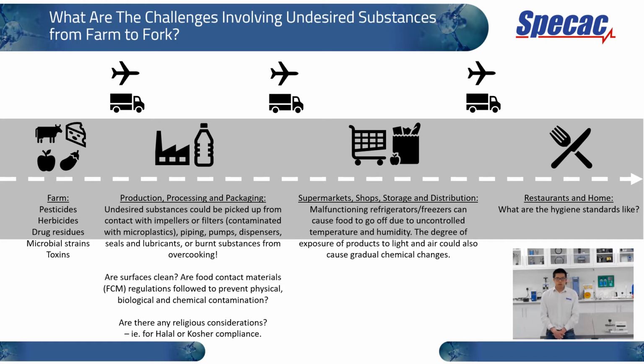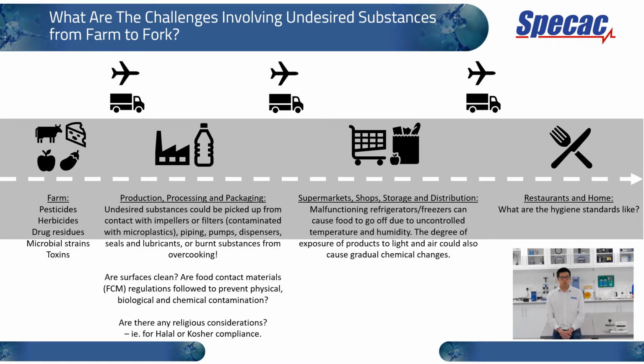So now on this slide, we look at the challenges that those companies face from farm to fork to ensure that there are no undesired substances in the products we consume.